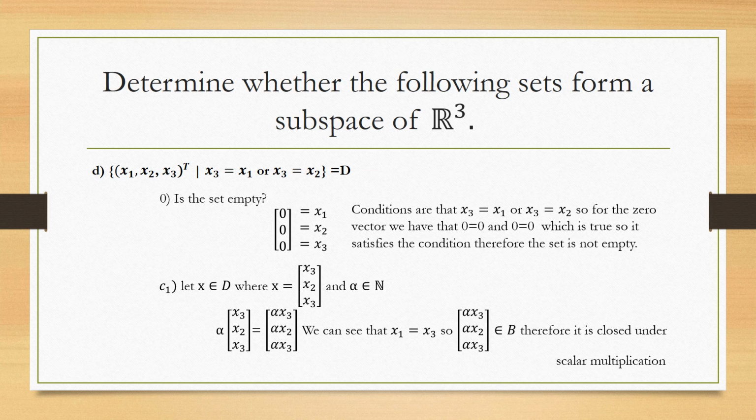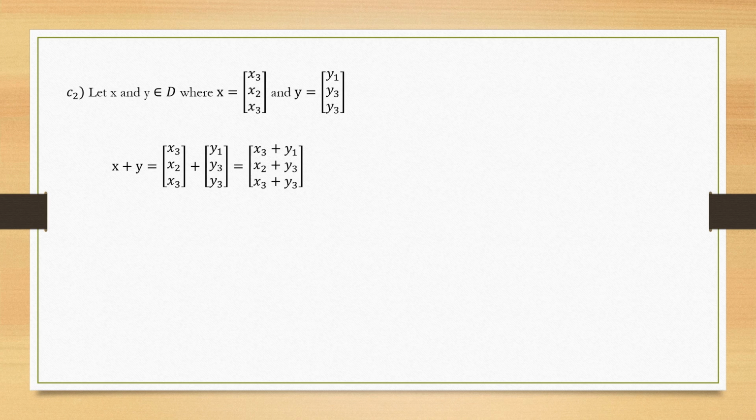And now we're left to check our second condition, the addition. And so we write let x and y be in D, where x equals (x3, x2, x3), and y equals (y1, y3, y3). I wrote them this way because we were given two conditions, that either x3 equals x1 or x2 equals x3. So both of those vectors are in D. So now we check if their addition satisfies. So we get x plus y equals (x3 plus y1, x2 plus y3, x3 plus y3).